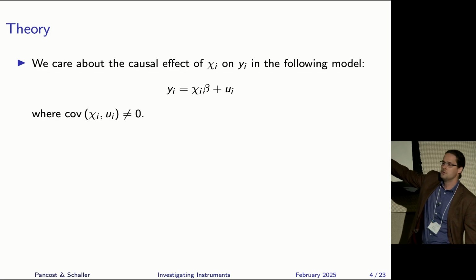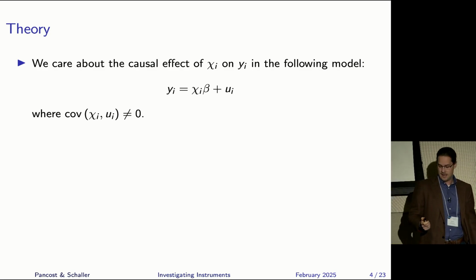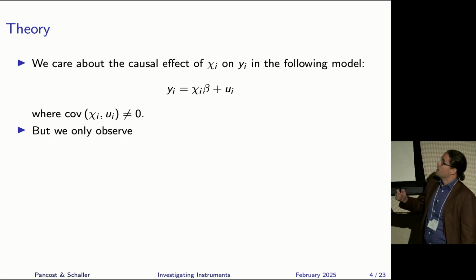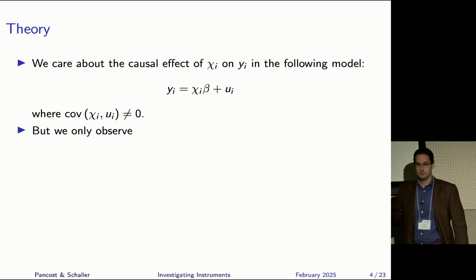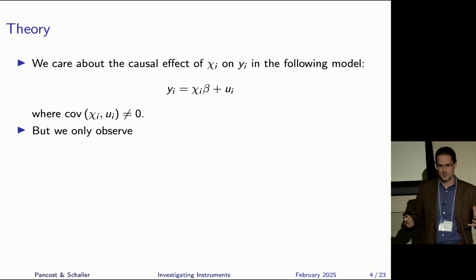We're running linear regressions, so we care about the causal effect of a variable chi on some other variable y in a linear model. So it's y_i = chi_i times beta plus u_i. Of course, the problem is the covariance between chi and u is not 0, so you can't just run OLS. There's another problem, which I'm here from the future to tell you is true in all of your regressions.